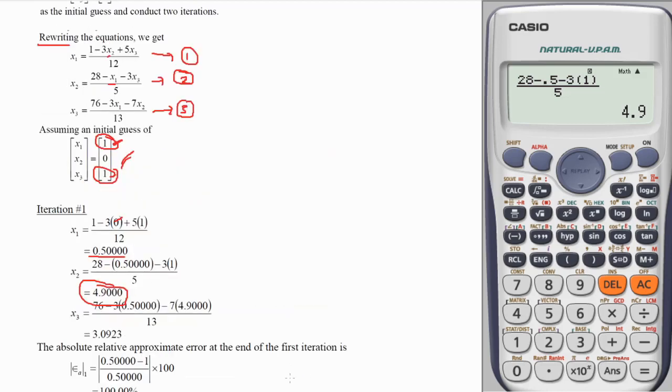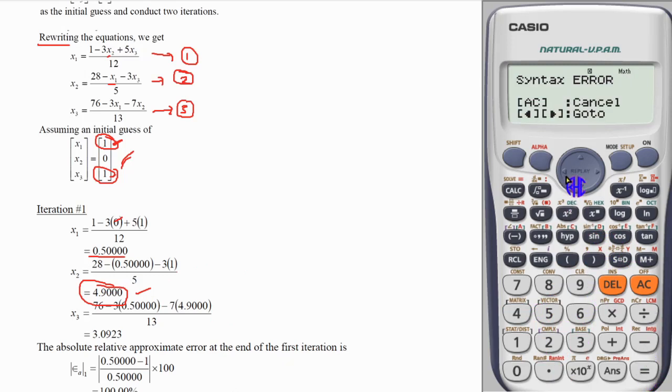Okay, next. Yung x sub 3 naman, kunin natin, that is 76 minus 3 times x sub 1, yung substitute natin, which is yung bagong nakuha natin. Minus 7x sub 2. Yung x sub 2 na gagamitin natin, yung bagong nakuha natin, which is 4.9.